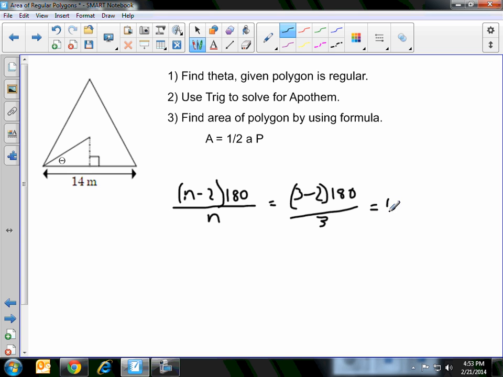Now, 60 degrees is the whole entire angle here. That means theta is half of that, 30. So theta being 30 degrees, that's my first step.